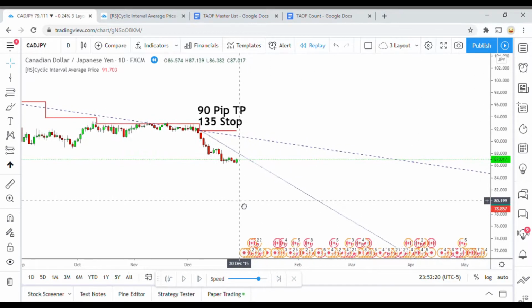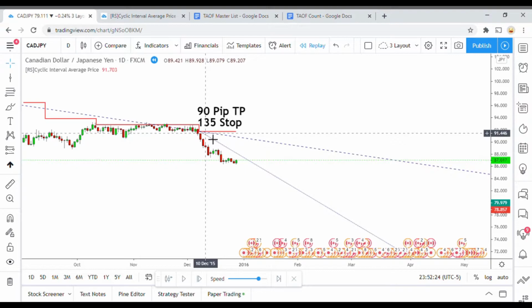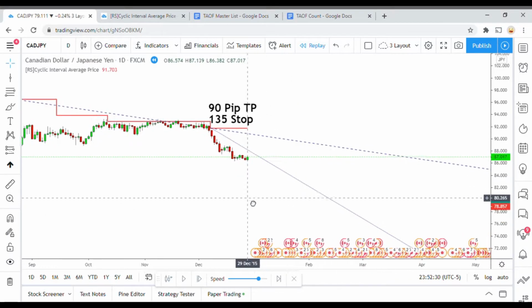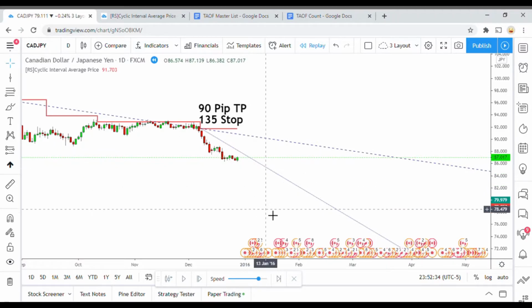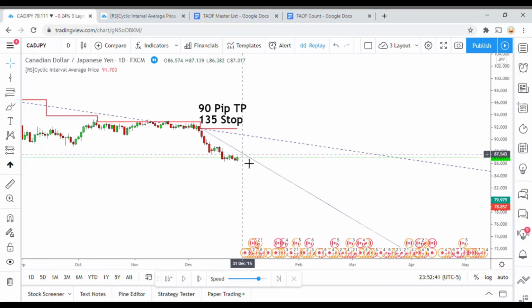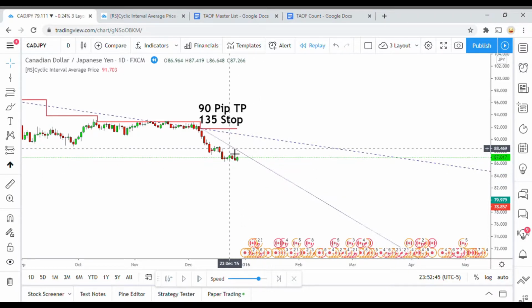So here are the rules that I have come up with. We know that these are support and resistance lines, and like most support and resistance lines, what we are looking for in most cases is a touch and a rejection.